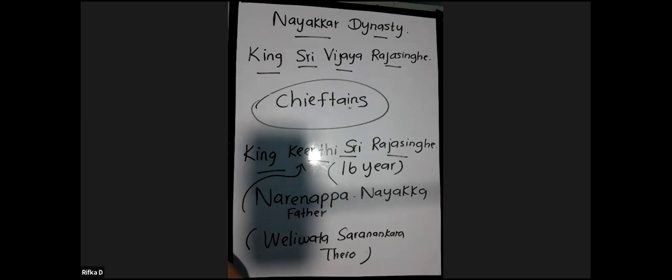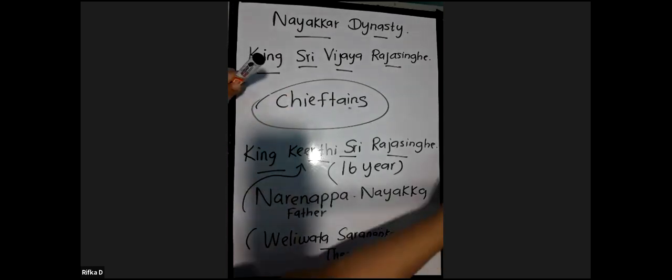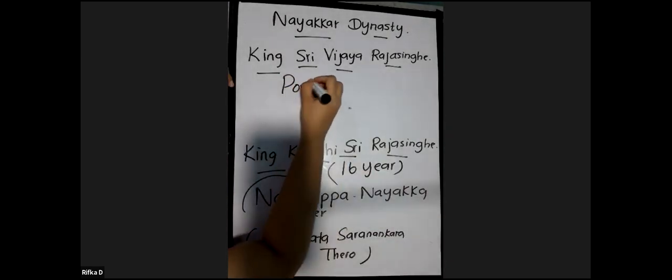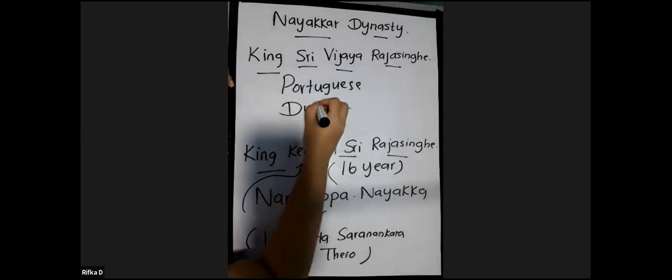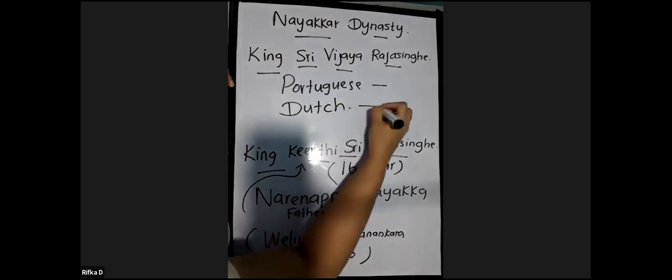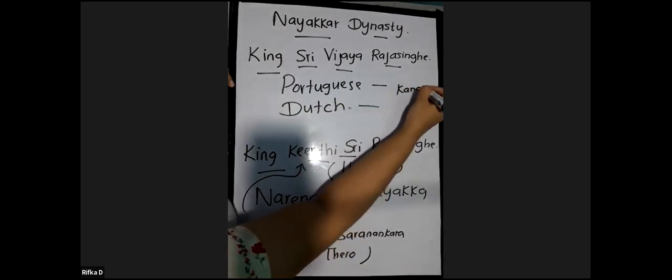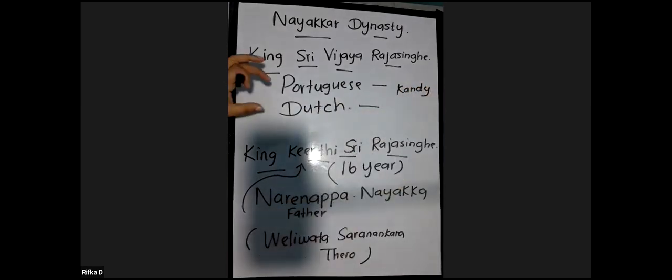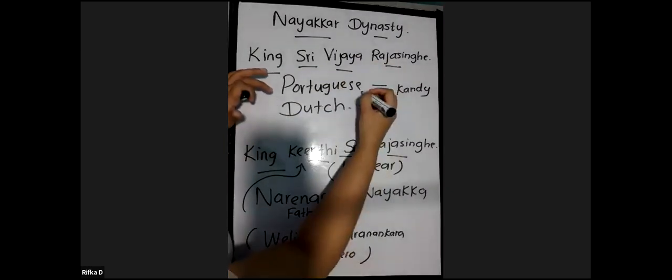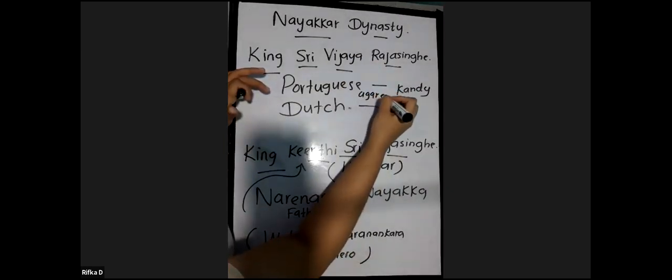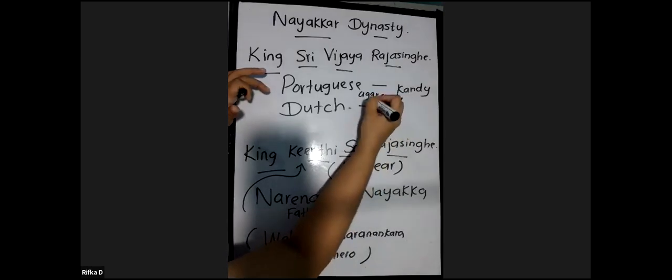Children, one more thing you have to understand here. Two Western nations arrived in our country before the British: the Portuguese and the Dutch. Both of them had connections with the Kandyan kingdom. The relationship of the Portuguese with the Kandyan kingdom was so aggressive.